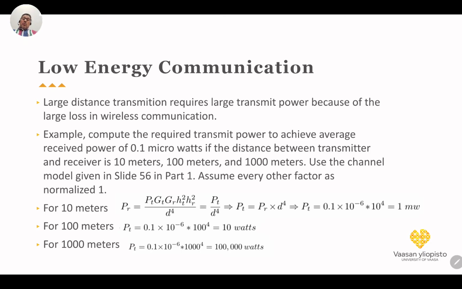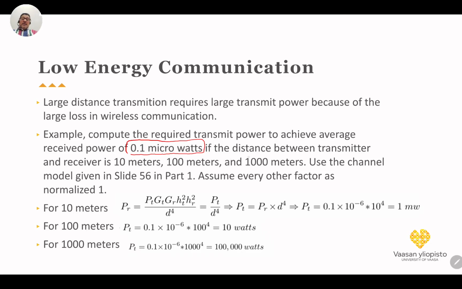There is one thing here related to the transmission distance. To make it clear, in wireless communication, we have very high attenuation or very high losses. So to clarify this point with an example, suppose we want to receive power equal to 0.1 microwatts, which is the required receiving power.